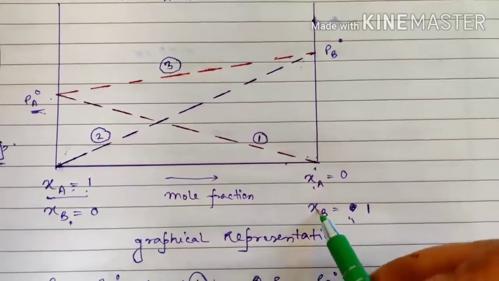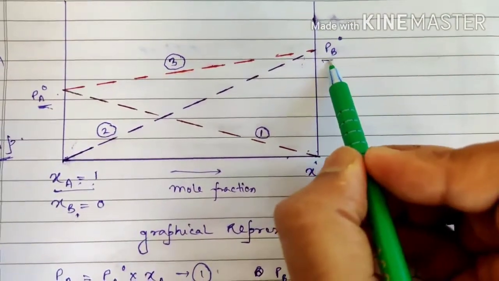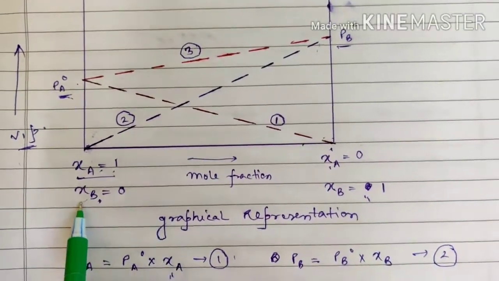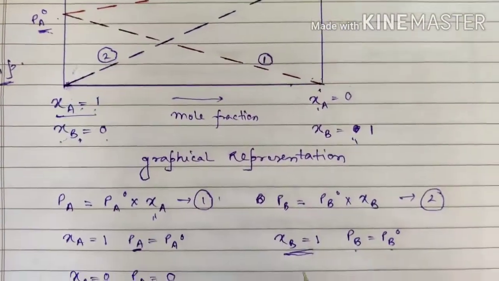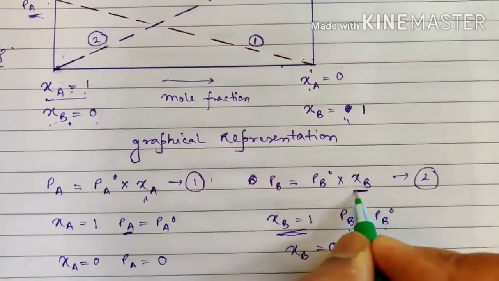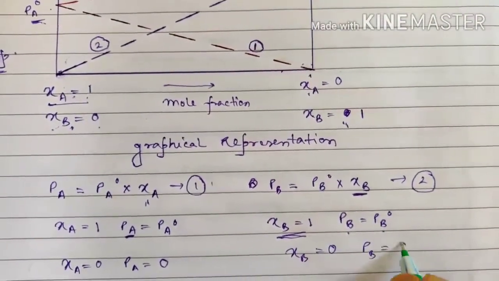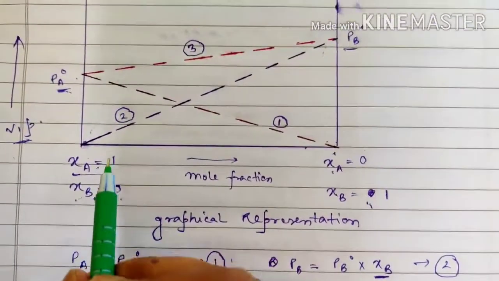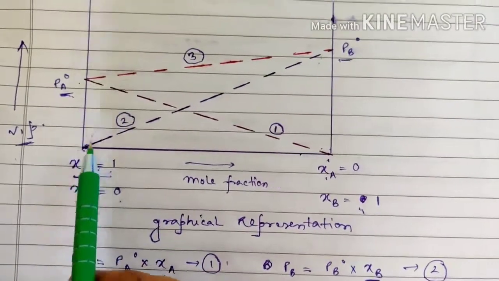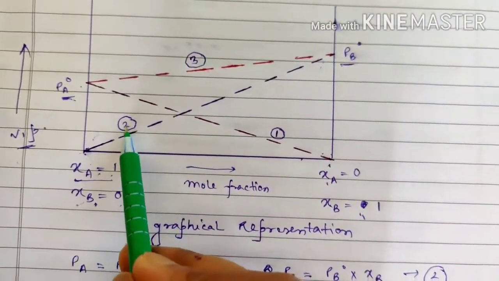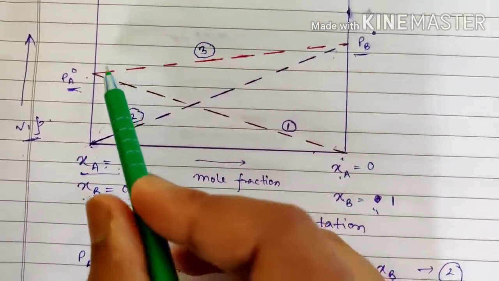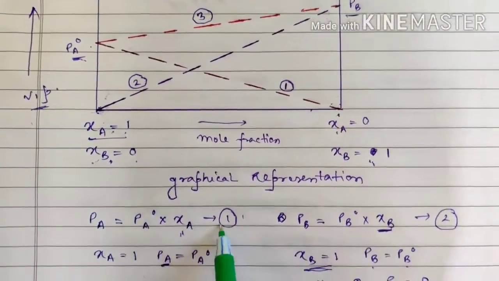Here, for XB is equal to 1, the vapor pressure is PB0. And on this point, if XB is equal to 0, PB should also be 0. So here we can see the vapor pressure slowly comes down to 0. So this line represents equation number 2, and this line represents equation number 1.